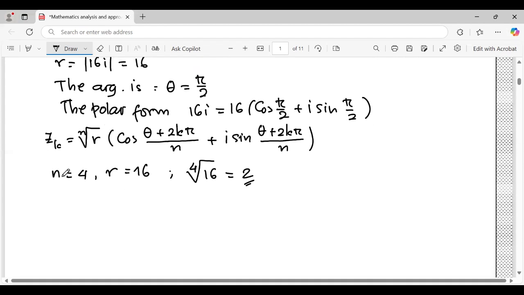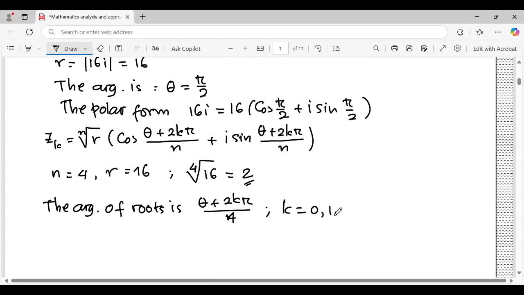Okay, next. The argument of the roots is theta plus 2k pi over 4, where k equals 0, 1, 2, 3, because n equals 4.